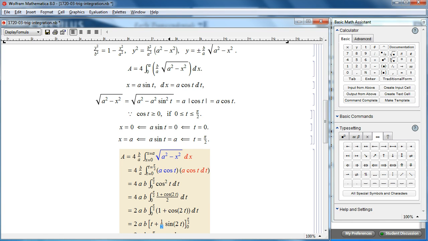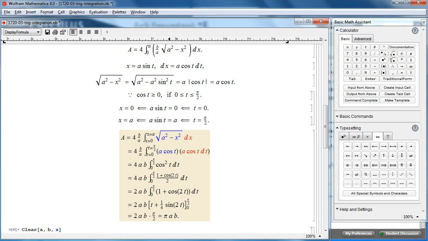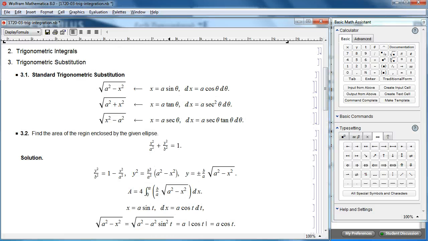This should be 1/4. Excuse me, that should be 1/2, but an extra 2 is coming out because of the chain rule. Well, it didn't make any difference here, luckily, because whether I plug in t equals pi over 2 or t equals 0, the sine part will become 0 anyway. So only this one will make any difference. So in the end, what do we have? We have pi ab.